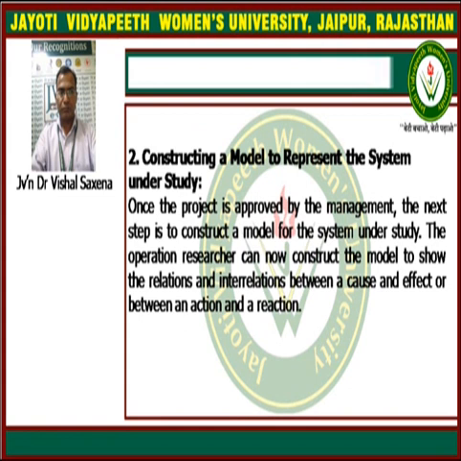The second step is constructing a model to represent the system under study. In this step we have to construct a model for our system, our problem. Once the project is approved by the management of the organization, the next step is to construct a model for the system under study, and the researcher can construct a model to show the relations and interrelations between a cause and effect, or between an action and a reaction.